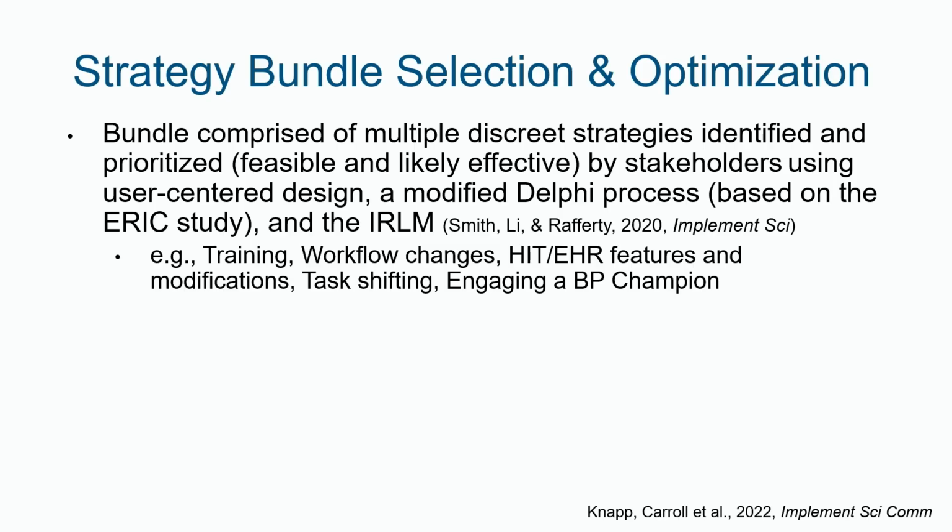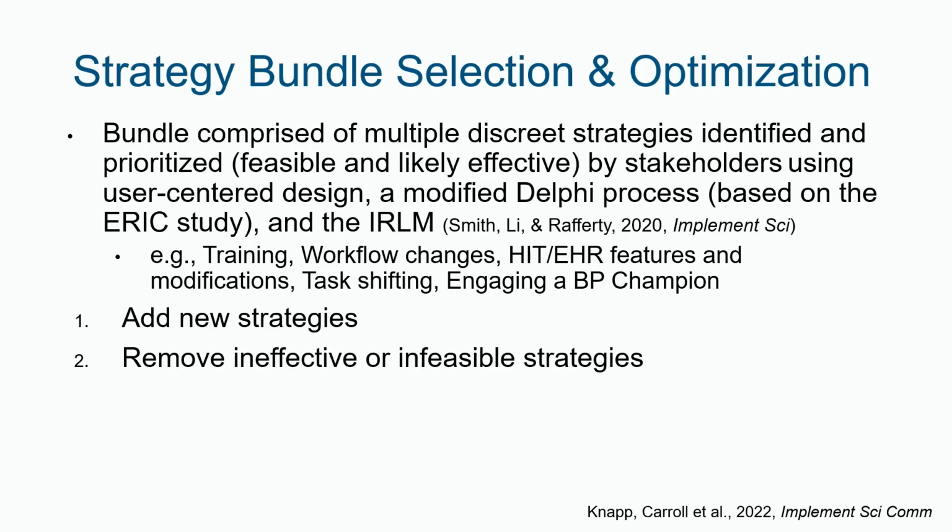Some of the things that we had identified here, pretty standard stuff: training of the physicians, some workflow changes, HIT or EHR features and modifications, a little bit of task shifting, and engaging a blood pressure champion. So when you're actually doing optimization, the first thing you probably think of is, well, let's add more strategies, right? That's likely to increase your effectiveness, is one option. Something else you can do is remove ineffective or infeasible strategies.